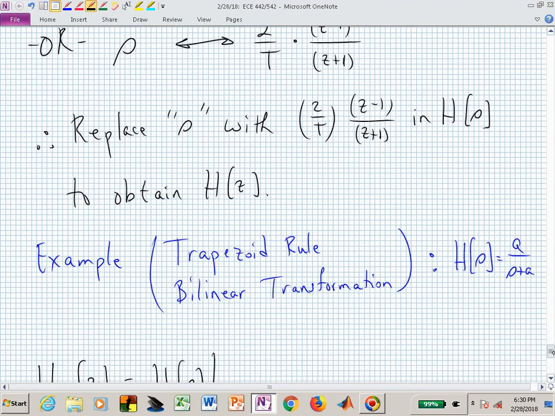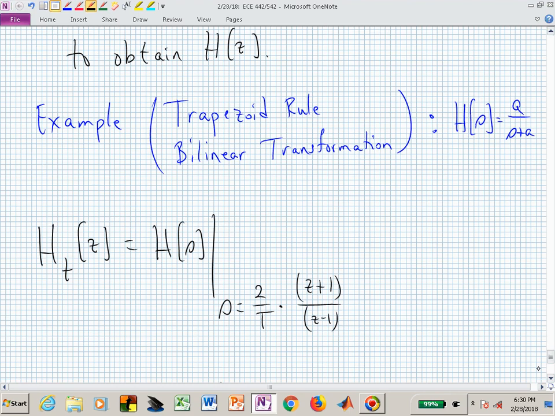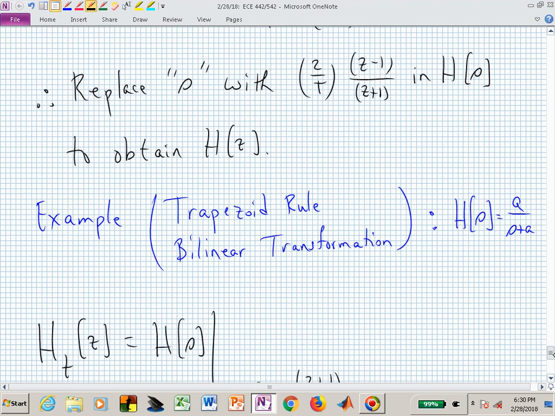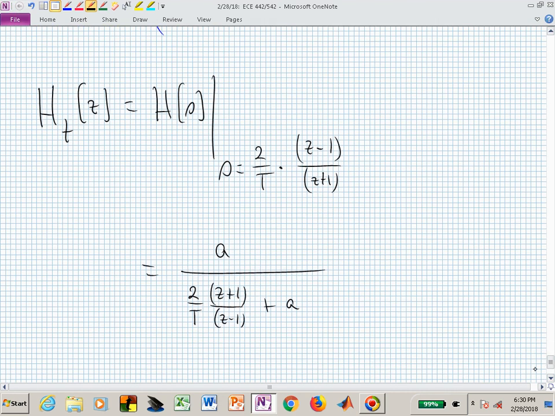So now where did I mess up? Right there, s goes c minus 1 over c. Thank you. So now this needs to be z minus 1 over z plus 1. I was just making sure you're staying awake. So that needs to be changed here.